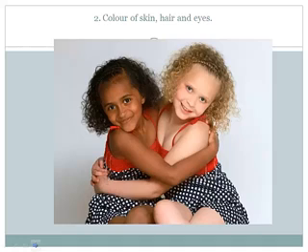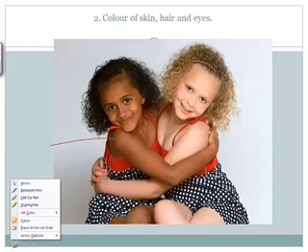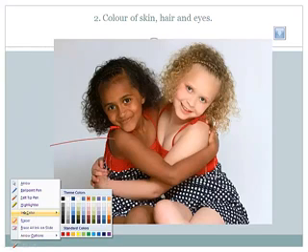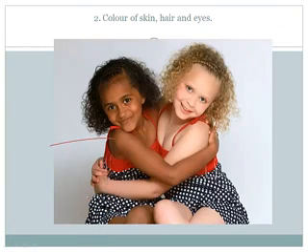2. Color of skin, hair, and eyes. Now these children on the screen that we are looking at, they are actually twins. For one, the skin color is actually dark in complexion.